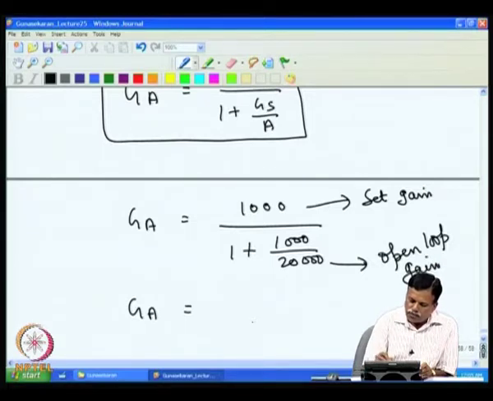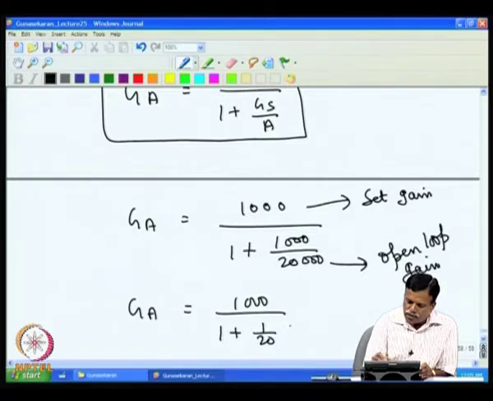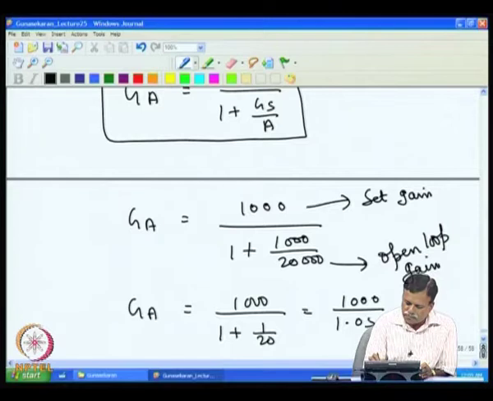So, you will get 1000 divided by 1 plus 1 by 20, which works out to be 1000 divided by 1.05.